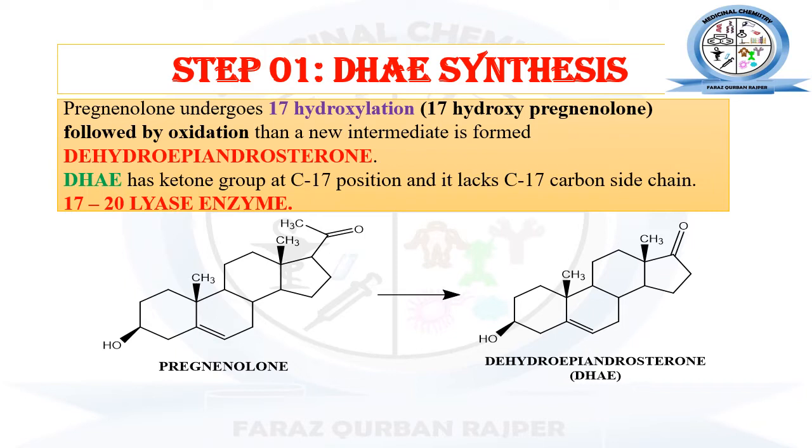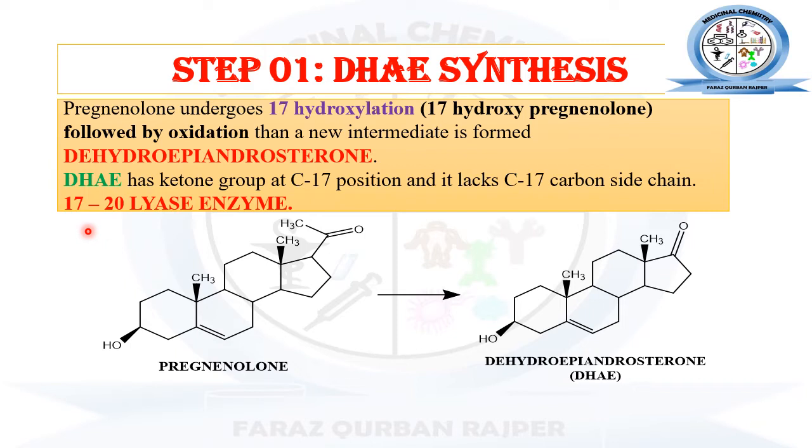Now this 17-hydroxypregnenolone will undergo oxidation. After oxidation, a new product will be formed, that is dehydroepiandrosterone.